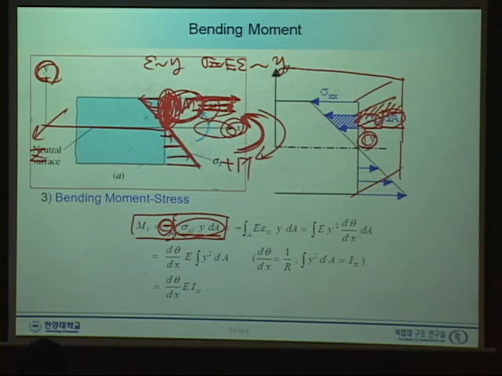So this bending moment is actually the moment z component. That's why we have a minus here. Anyhow, this is the bending moment and stress relation, and now all we need to do is put in sigma x, which is E times rho and y. We just put it here.